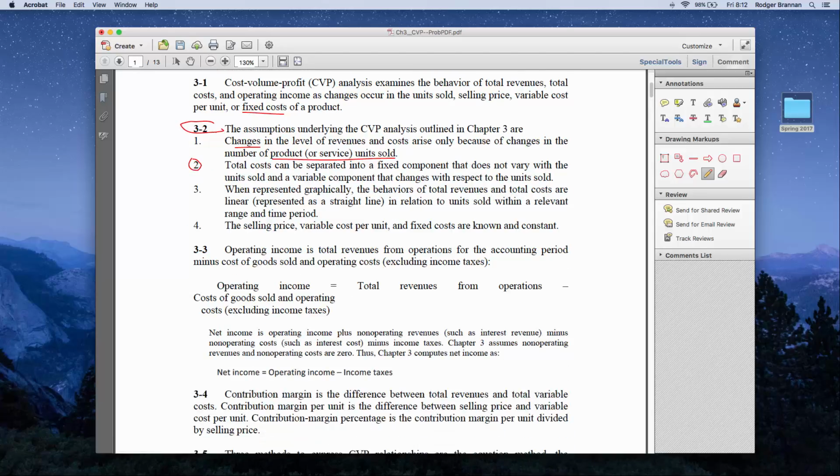Operating income is different than net income. Operating income is a result, using the contribution margin format, of revenues minus variable cost equals contribution margin, subtract out fixed cost, and you have operating income. Now, net income is the ultimate measure, but net income is what's left after you subtract taxes from operating income.